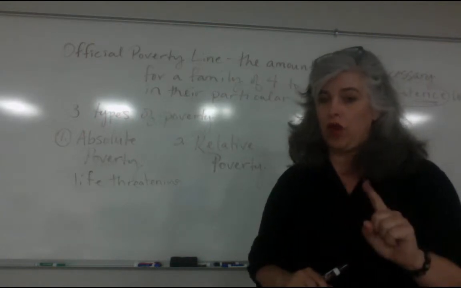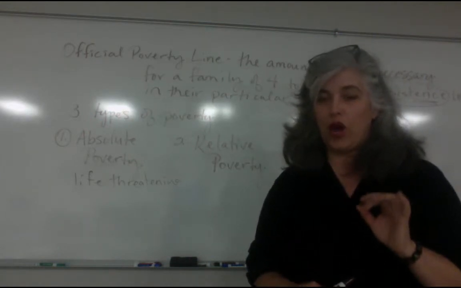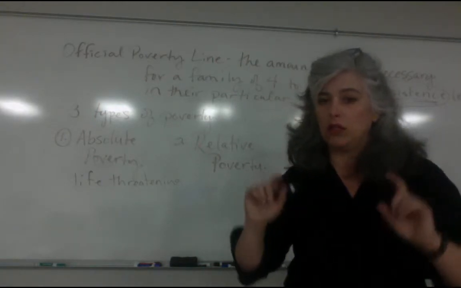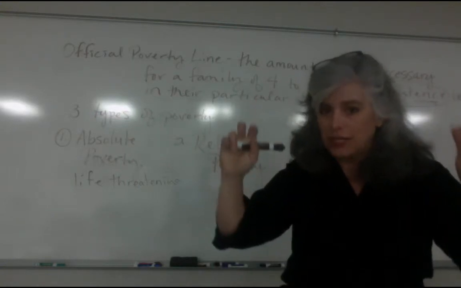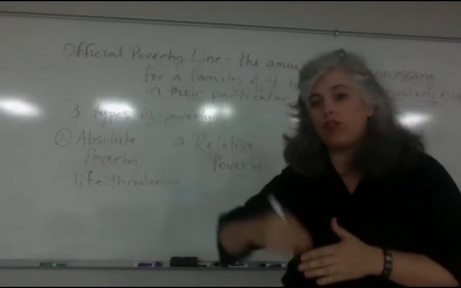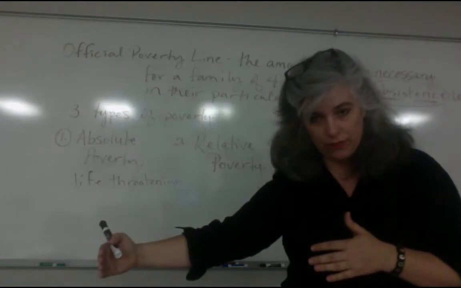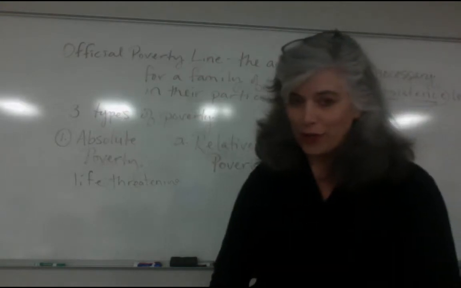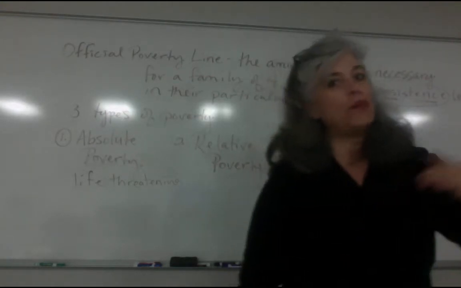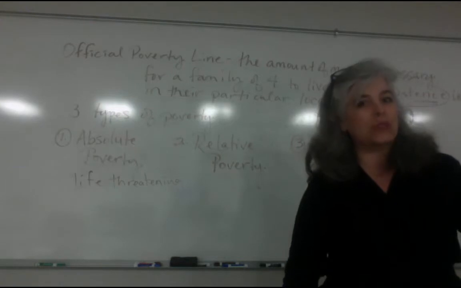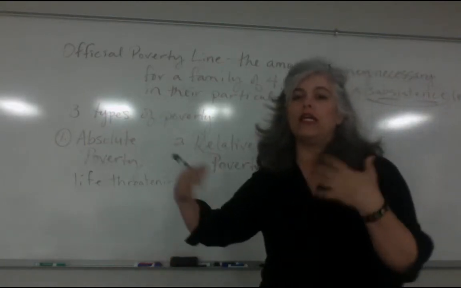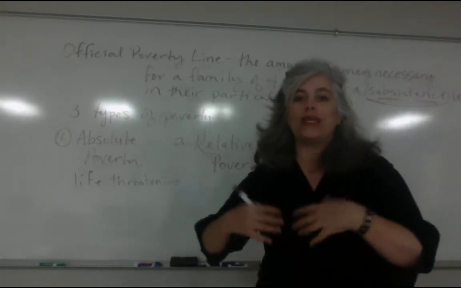However, people who live in relative poverty are not able to provide themselves with what we call, look at my air quotes, the average standard of living for the place where they live. Okay? Relative poverty. People are able to provide for their subsistence needs, but they are not able to maintain the average expected standard of living and style of life that people in their area usually enjoy or are usually expected to enjoy.